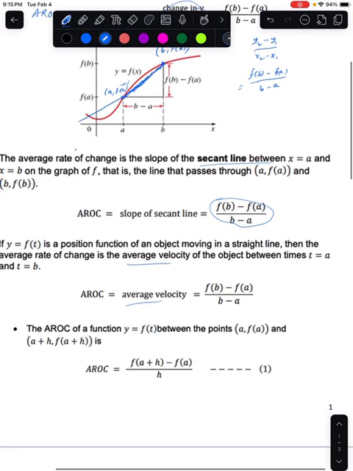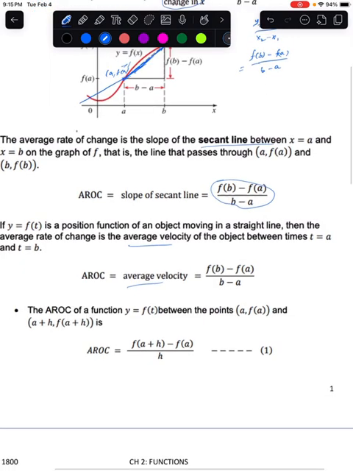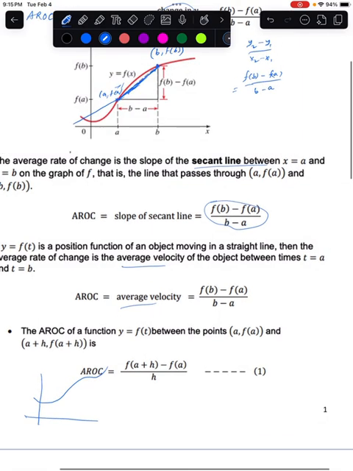So now we've noticed the AROC of a function between a and b. Sometimes, instead of a and b, we can have the same function or a different function. If I'm looking at between these 2 points, let's say this has coordinate a, then the height will be f of a.